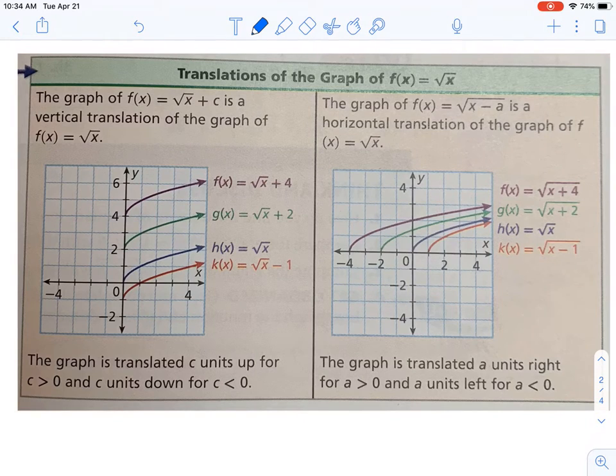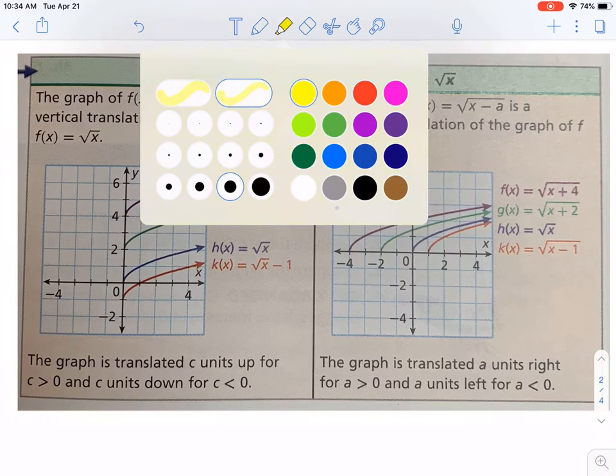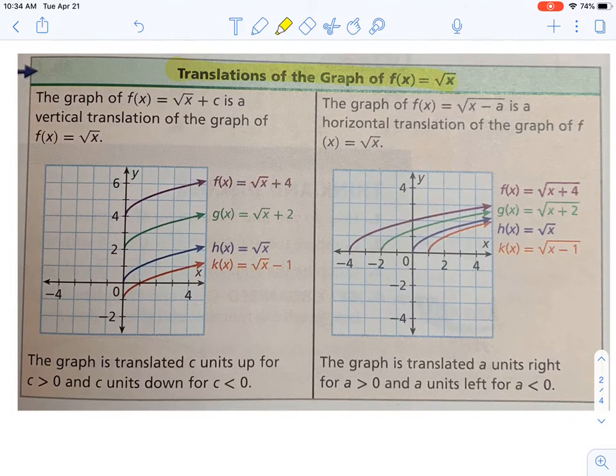And if you remember, translations in quadratics, you have vertical translations, which we have here, and you have horizontal translations. The reason I compare this to quadratics is because translations in square root functions are very, very similar to translations in quadratics as well.